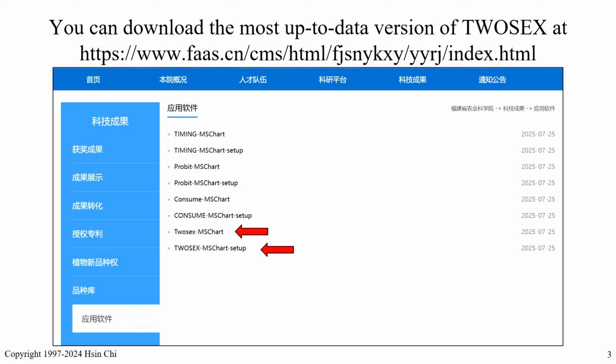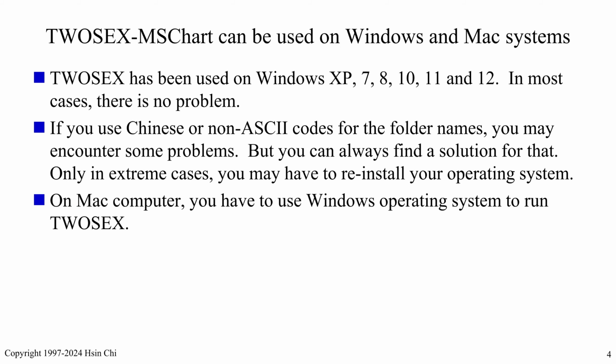And there are two versions: the executable version, TWOSEX MSChart, and the setup version, TWOSEX MSChart Setup. TWOSEX MSChart can be used on Windows and Mac systems. TWOSEX has been used on Windows XP, 7, 8, 10, 11, and 12. In most cases, there is no problem.